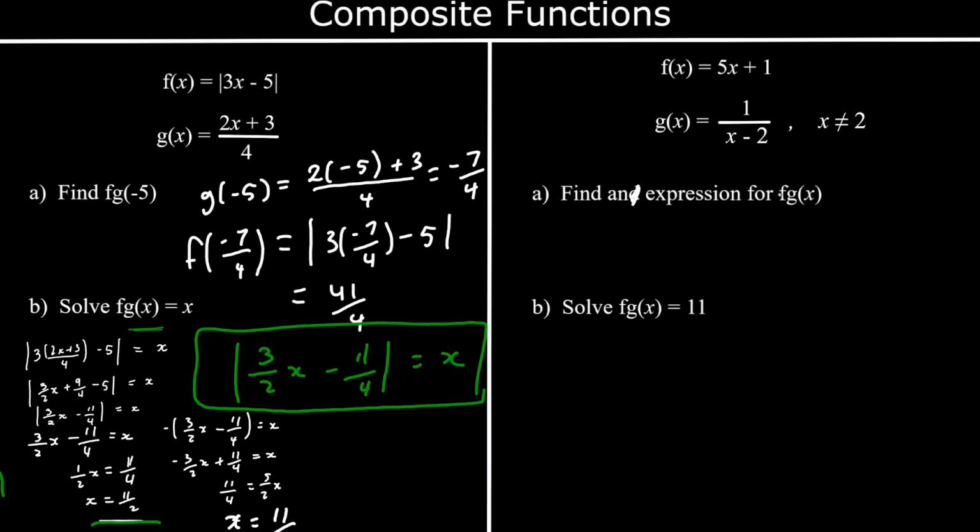So putting g into f. So it's the same as f of 1 over x minus 2. So that's 5 times 1 over x minus 2 plus 1, which is 5 over x minus 2 plus 1.